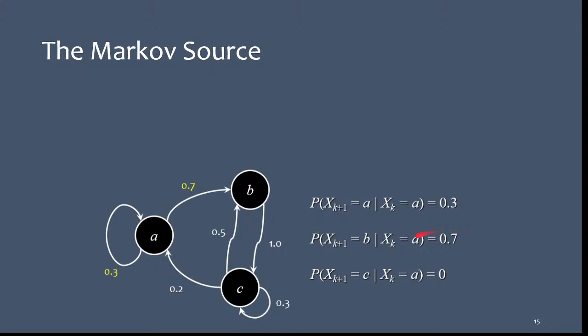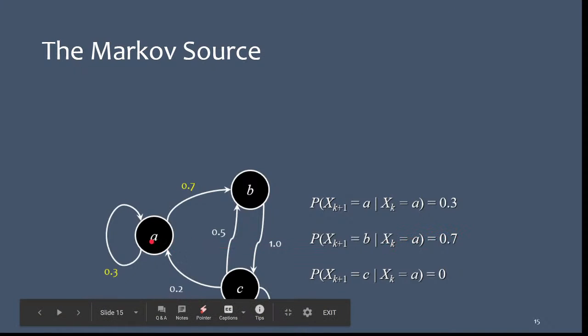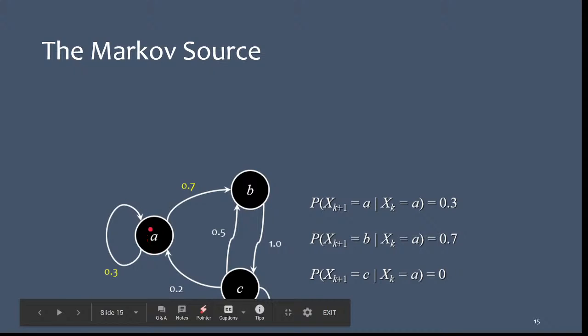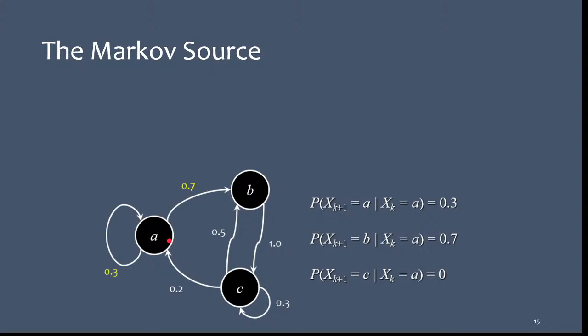Next, are there any other transitions from A? No. There are only two transitions, one to A and the other to B. There is no transition to C from A. So if the source was in A initially, then the probability of getting a C at xk plus 1 is 0.